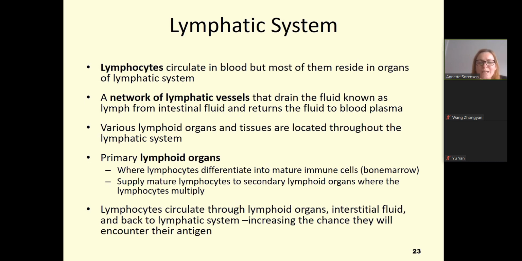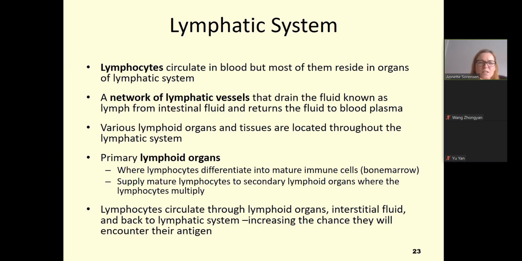There are primary lymphatic organs, and this is where the lymphocytes differentiate into mature immune cells, typically the bone marrow. These mature lymphocytes are then supplied to, or circulate to, secondary lymphoid organs where they can differentiate.